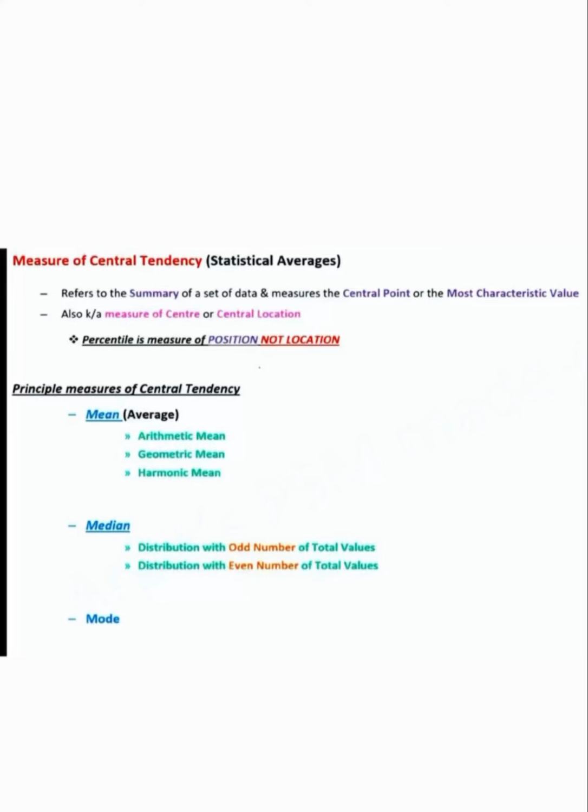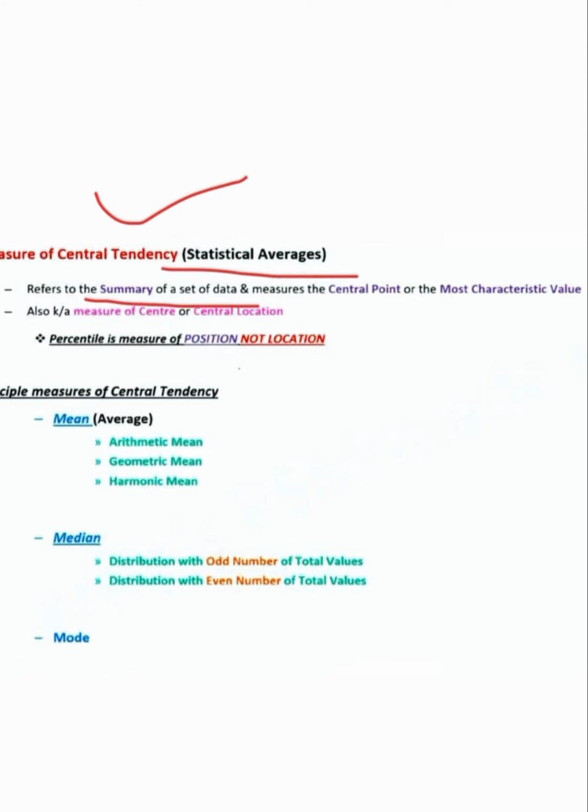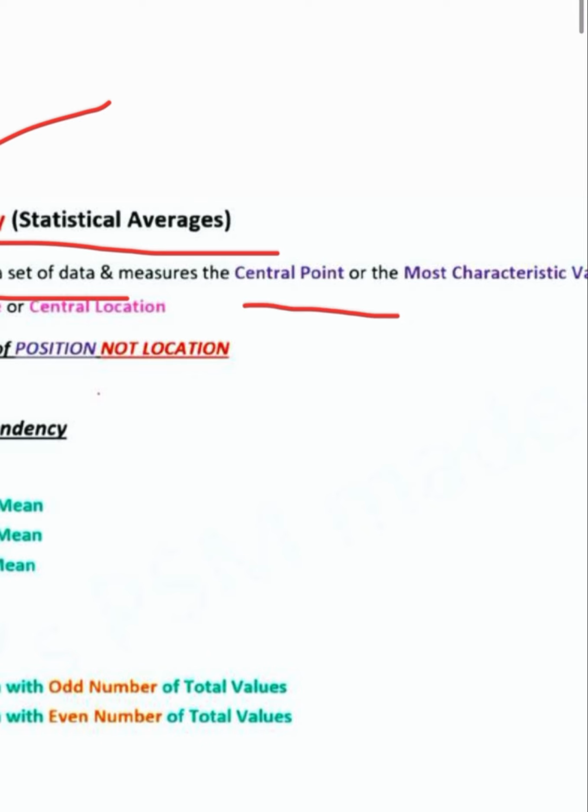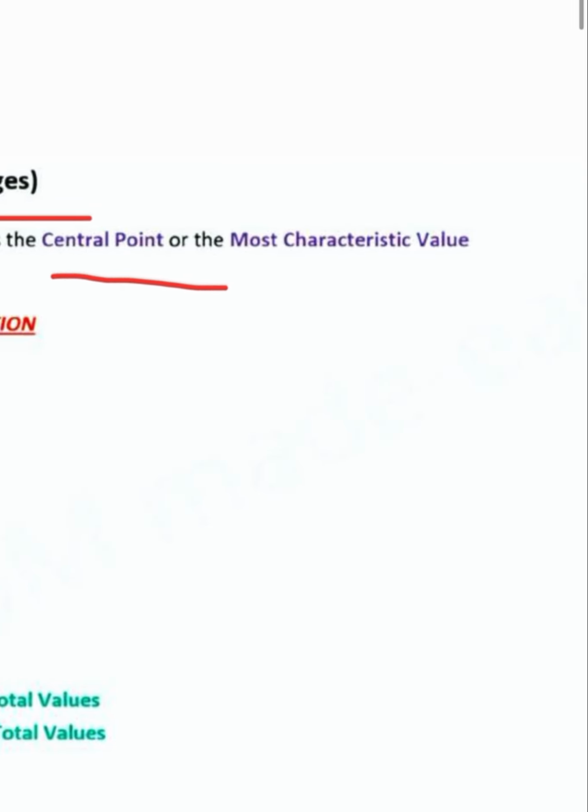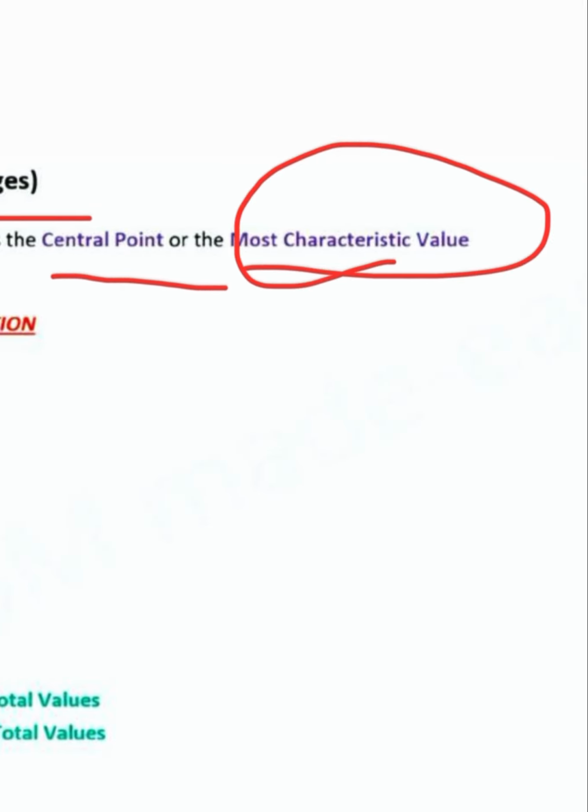Hello everyone. Today we will discuss the most easy but most important topic of biostatistics, that is measure of central tendency. It is also called statistical averages. First, it refers to a summary of a set of data, measure of center point and most characteristic value.